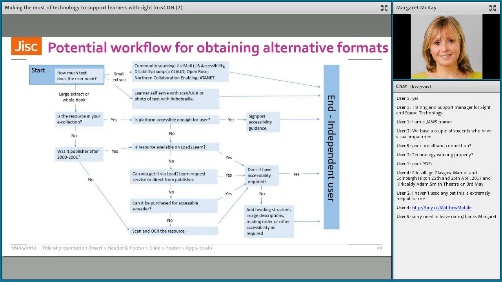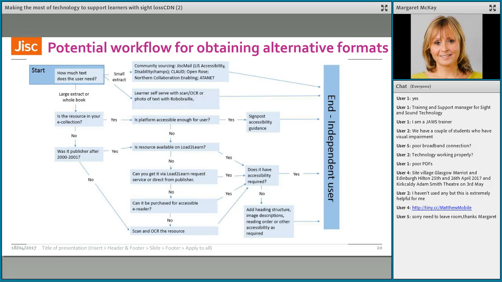What's quite interesting is that sometimes content is available elsewhere. So if it's a particular book, or part of a book, that needs to be accessed, the first process is finding out if an accessible version already exists. What's been fantastic is that resources and services like RNIB Bookshare offer not only guidance but also support in accessing curriculum in alternative formats.